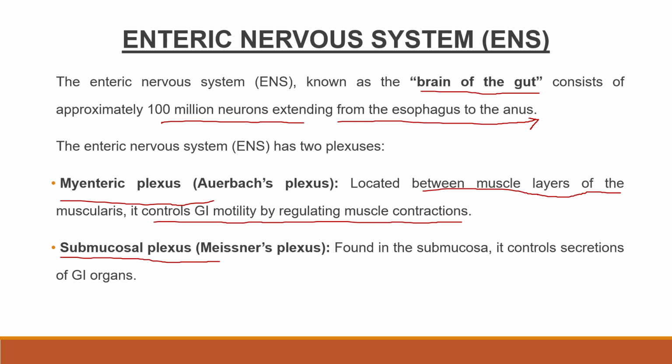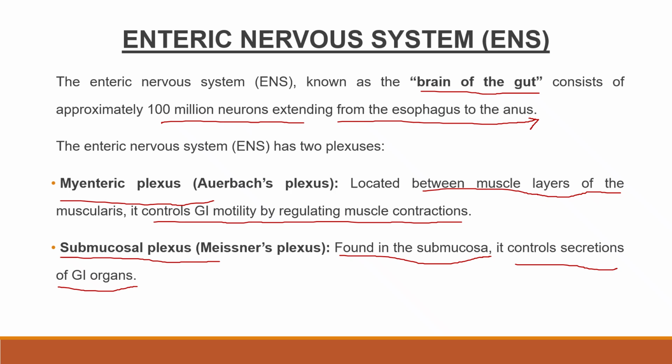Next, the submucosal plexus. The submucosal plexus is found in the submucosa, and it helps with the secretions of the gastrointestinal tract. So it's very important. There are two types of plexus present, and they are the nerves which are connected from the enteric nervous system.